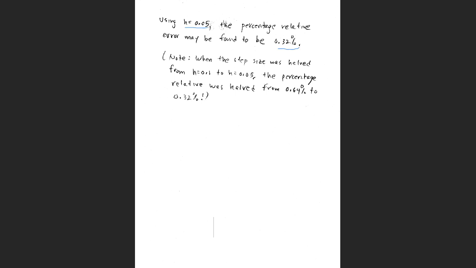And note, when the step size was halved, from h equals 0.1 to h equals 0.05, the percentage relative error was halved as well. So take a moment to copy that down.